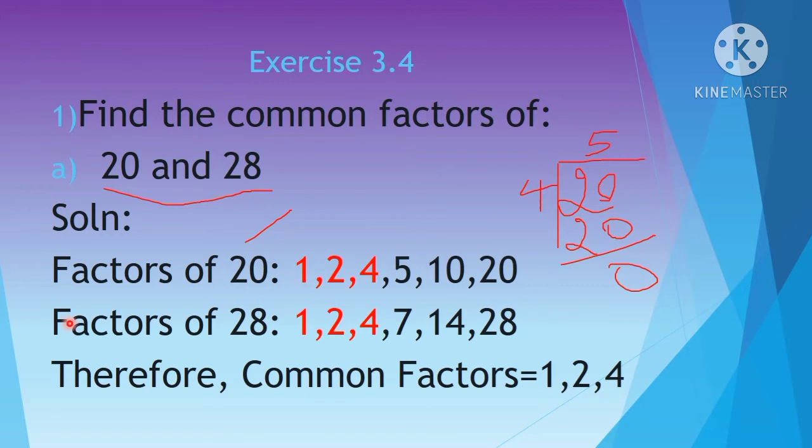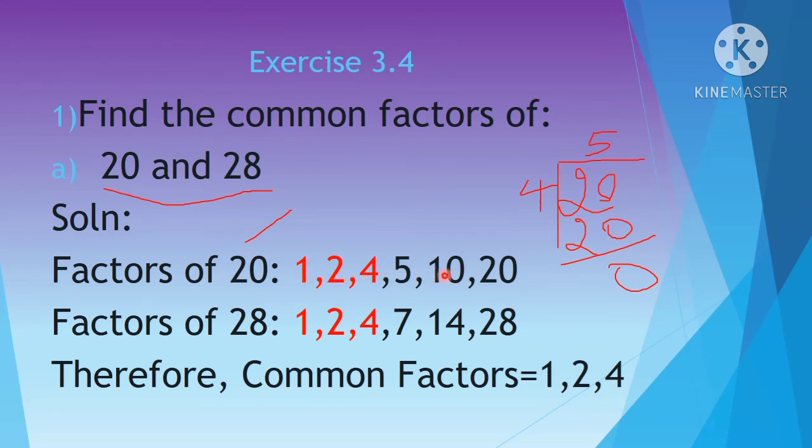So you know for 20 what are the factors? For all numbers, 1 and the number itself are factors, right? So 1 and the number itself, 20. Here also 1 and 28. Right children? So look here. For 20 what factors do you have, children? 1, 2, 4, 5, 10 and 20.